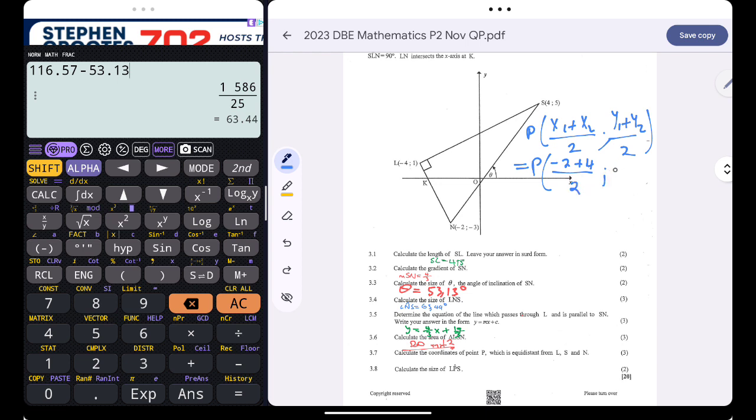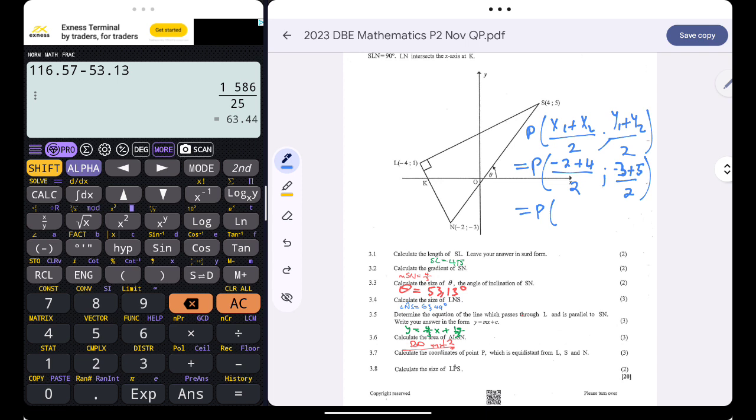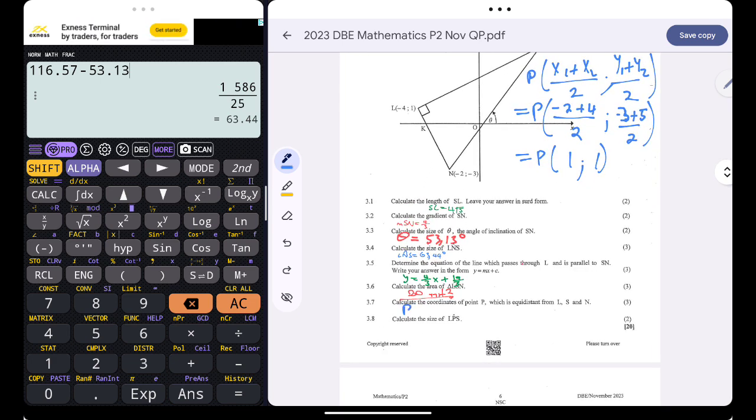The y value at N is -3, plus the y value at S, that's 5, all over 2. Then P is equal to -2 plus 4, that's +2, and 2 over 2 will give me 1. And then -3 plus 5, that's a +2 as well. 2 over 2 will give me 1. So the coordinates of P, I will have 1 and 1.